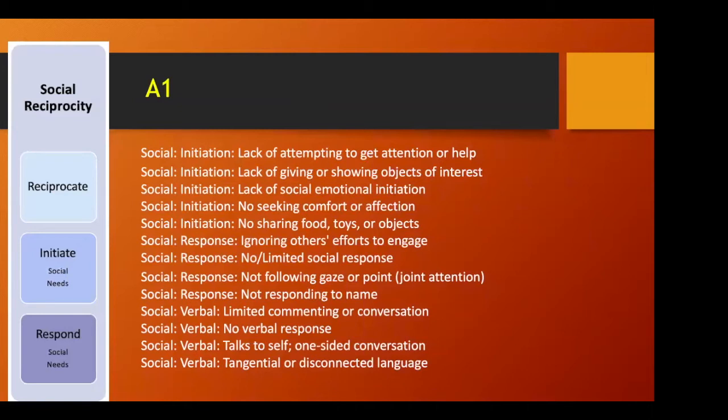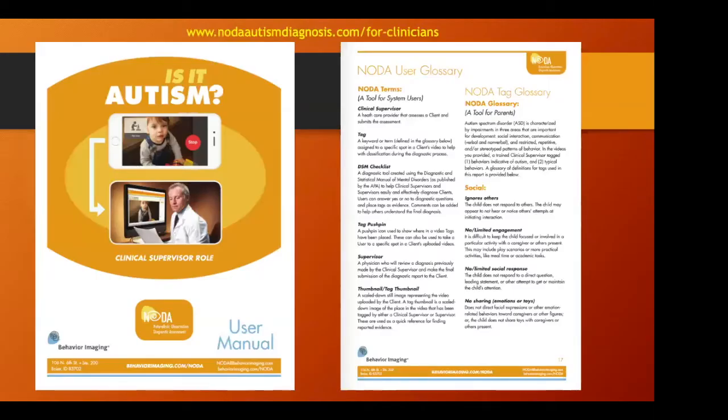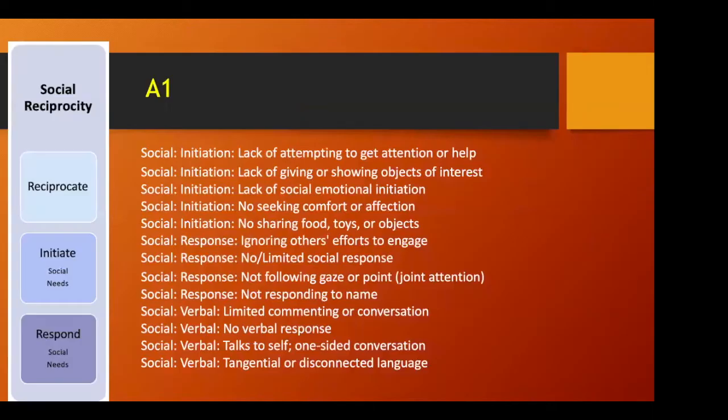So those tag behaviors, if you see on the screen here the tag glossary and the specific tagging behaviors, this is just a list mapping back which of the behaviors that we may observe in the video are emblematic or characteristic of a specific DSM criterion for autism. A1, I'm going to use the shorthand here, is impairments in social emotional reciprocity.